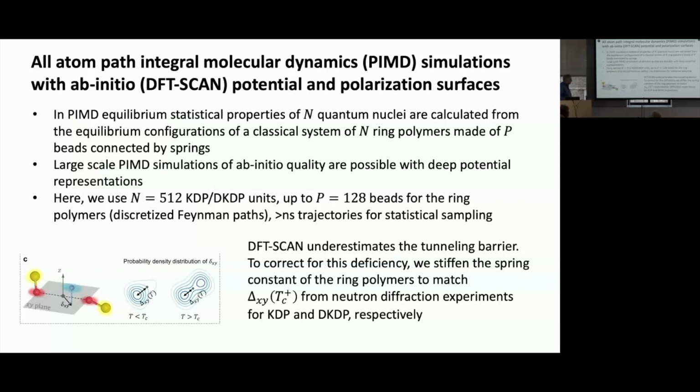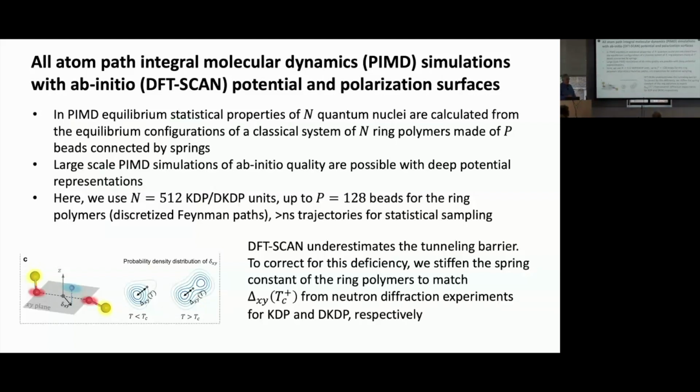Now, again, here we face a basic difficulty with DFT. DFT underestimates the tunneling barrier, even though at zero temperature DFT predicts the correct ferroelectric structure.